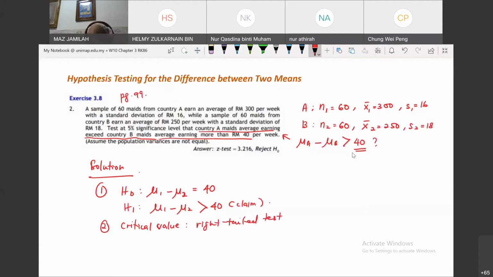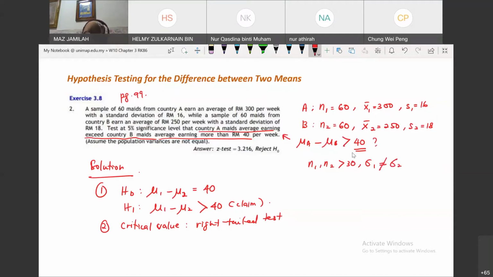So we are dealing with n greater than 30. Okay, so n1 and n2 greater than 30. What else? Assume population variances are not equal, so sigma 1 and sigma 2 are not equal.